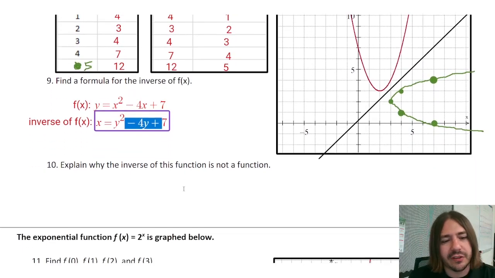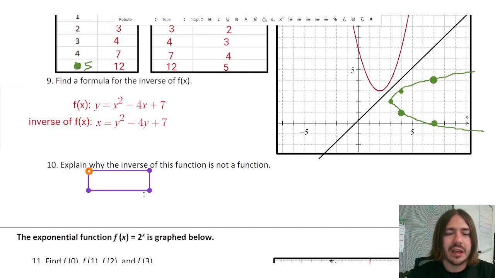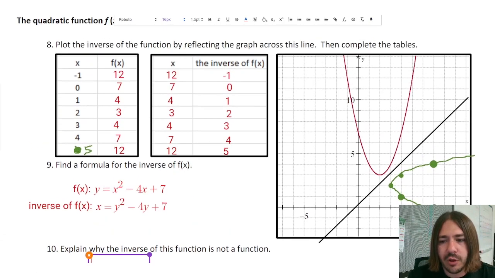And where it says down here, explain why the inverse is not a function, well, it's very simple. It just doesn't meet the characteristics of a function. A function is defined as a relationship where each input only has a single output. There's exactly one output. But as we see in this table and on the graph, we have, in fact, infinitely many points where the x value is associated with two separate y values.